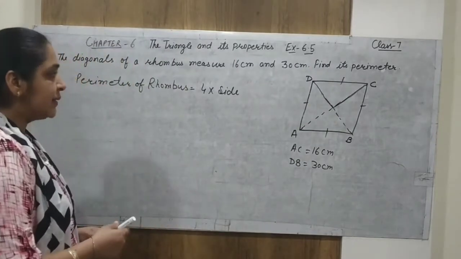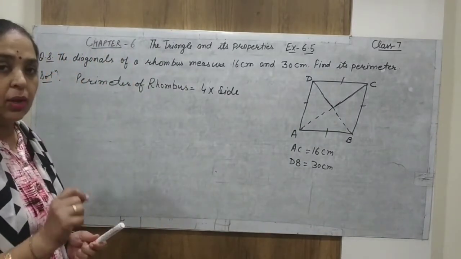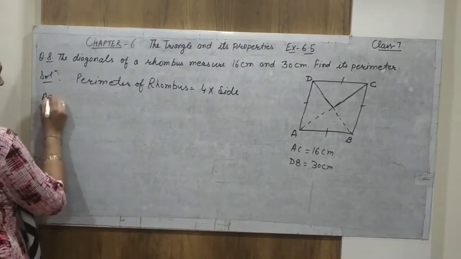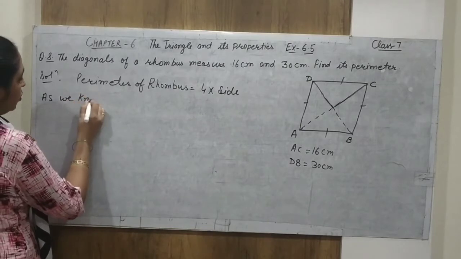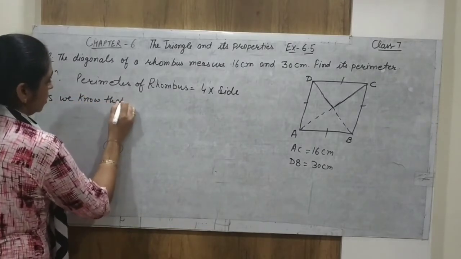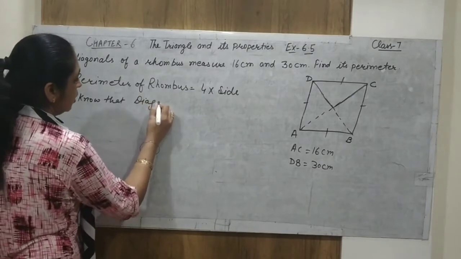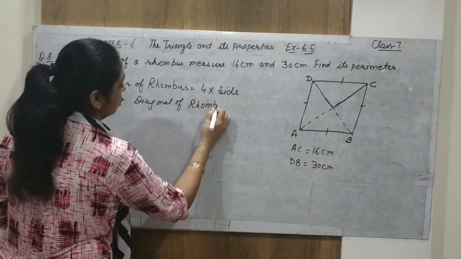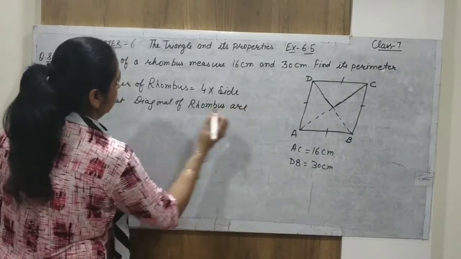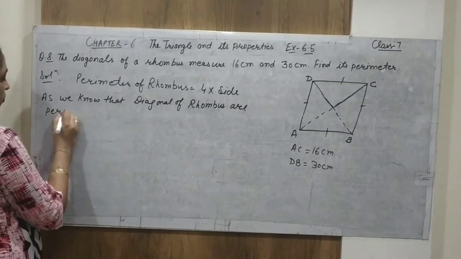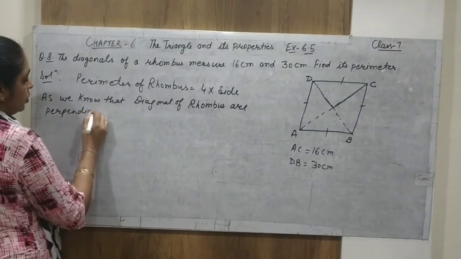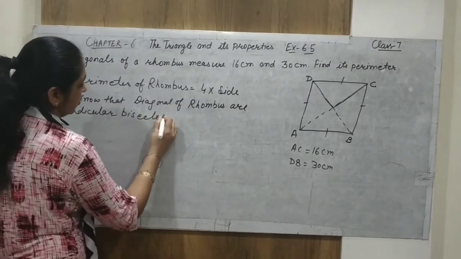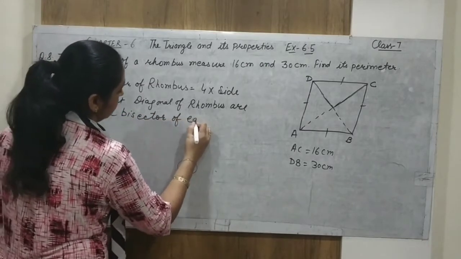Now, understand this concept. First of all, write down the property of the diagonals. As we know that diagonals of rhombus are perpendicular bisectors of each other.